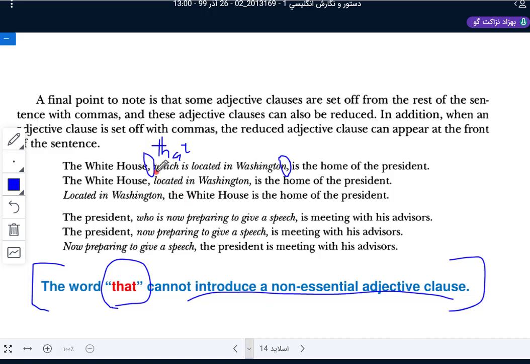This is non-essential, non-restrictive, non-necessary. This is extra information. We know that. So a relative clause with that cannot start a non-essential adjectival clause.